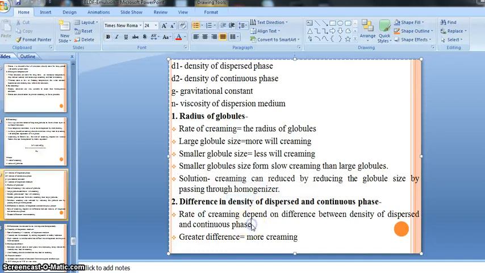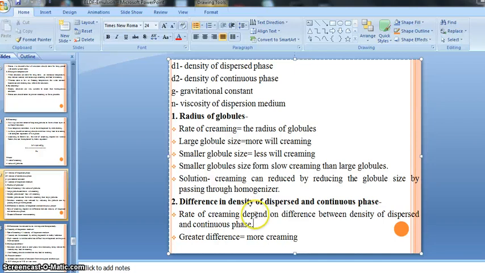So this statement says that the rate of creaming depends on the difference between density of dispersed and continuous phase. Our continuous phase, whether it is oil or water, and our dispersed phase, whether it is oil or water, right? And the difference, that is the density, meaning the weight of our dispersed phase and continuous phase, is responsible for the formation of creaming, right?